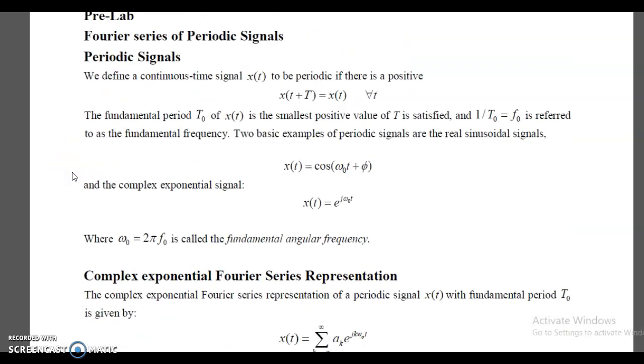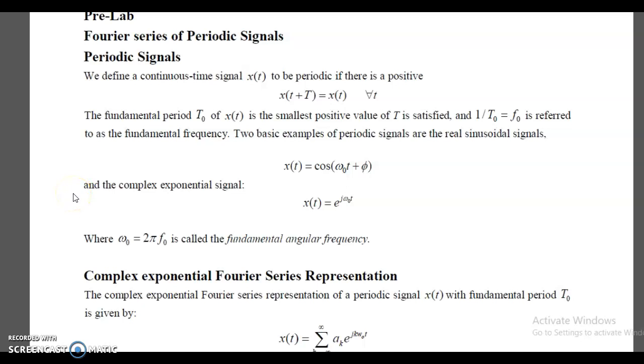The very first thing, that is basically the pith of the whole concept that we are going to study further, includes the understanding of the periodic signals. So we all know that all those signals which repeat themselves after a fixed interval of time are the periodic signals, and the most important periodic signals are the real sinusoidal signals and the complex exponential signals.